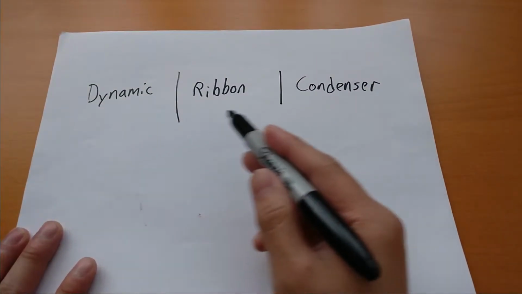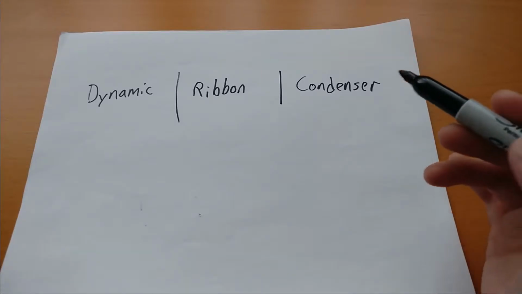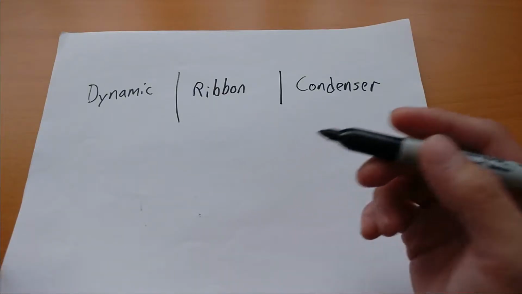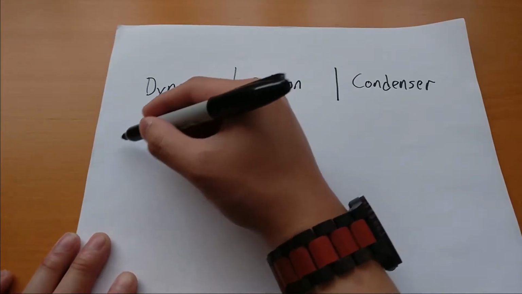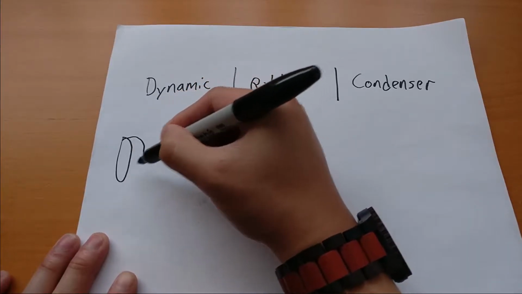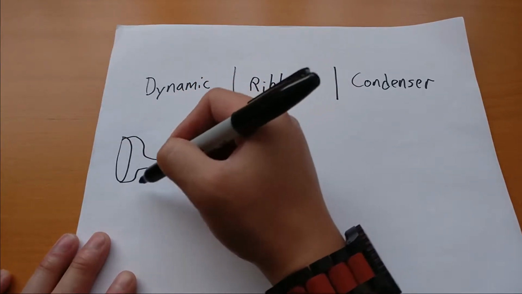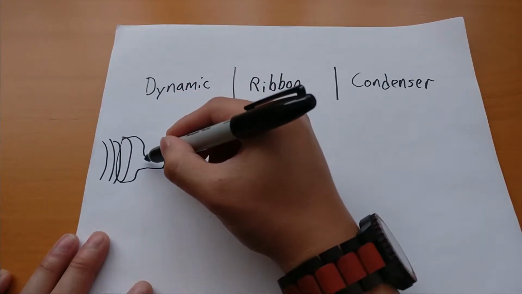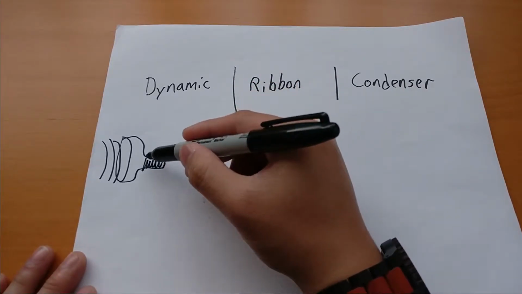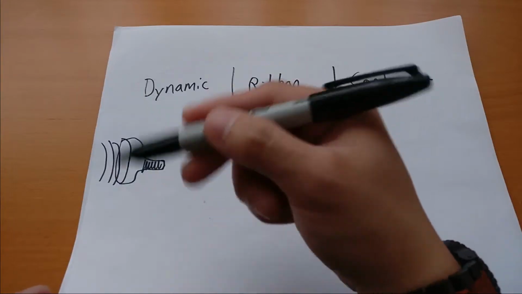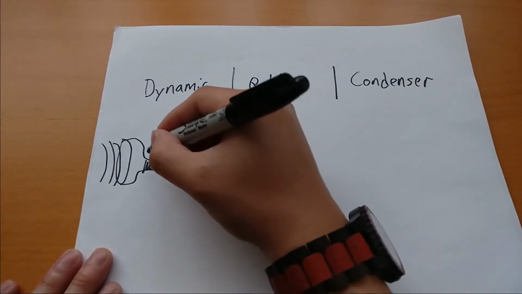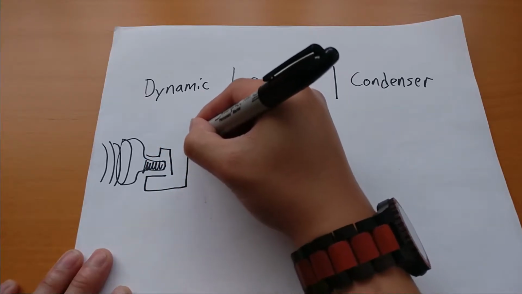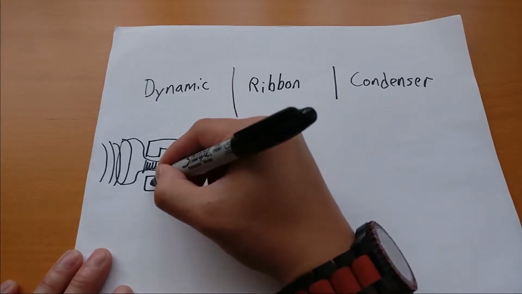Each of the three types of microphones has a slight variation of how they pick up sounds. So in the case of a dynamic microphone, just like a dynamic driver, there's going to be some sort of driver assembly. So this will be your driver here. Sound will hit that. There's an induction coil made of winds of wire, and that is suspended in a permanent magnet.